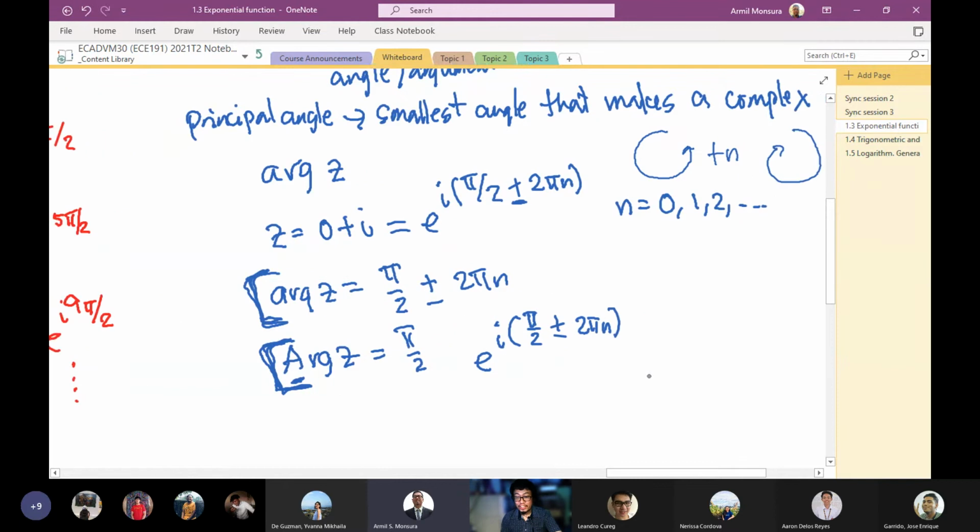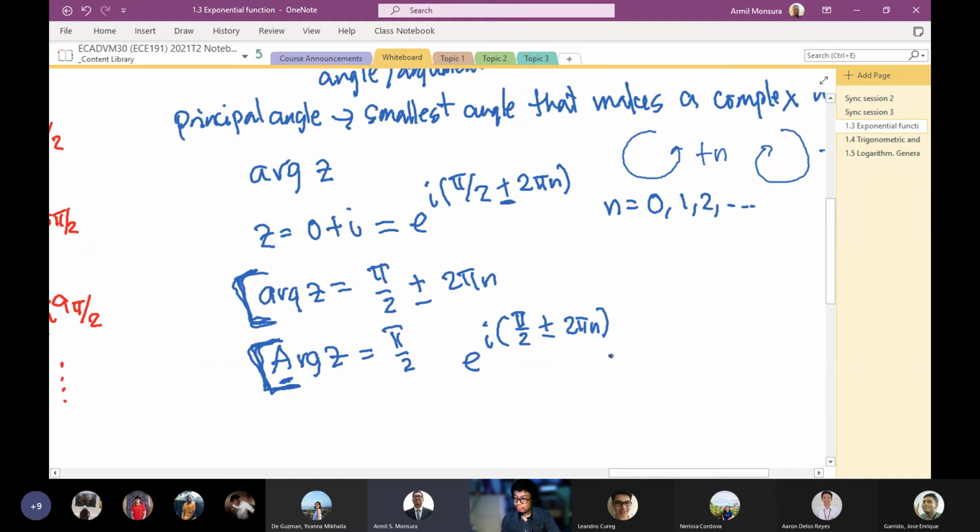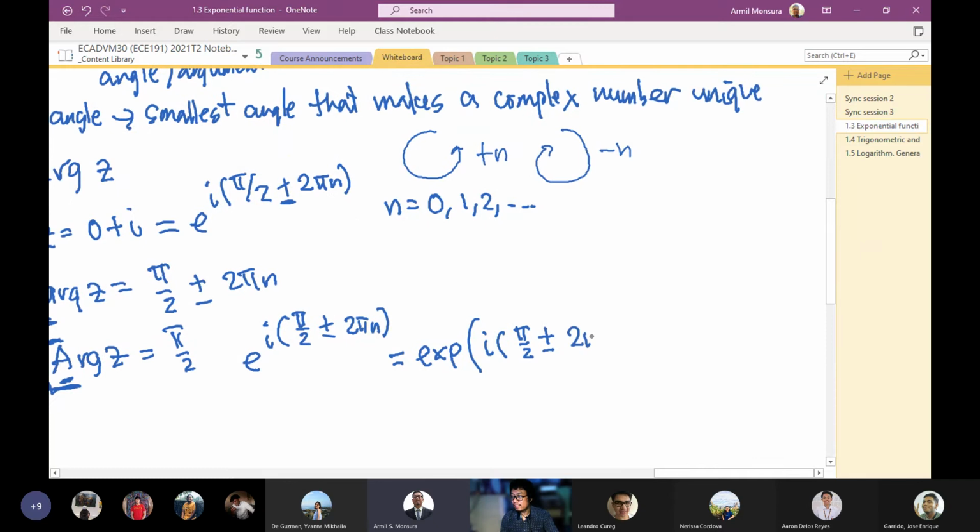Pwede nyo rin siyang isulat ng ganito. This is called the functional form of the exponential function. exp of i times pi over 2 plus or minus 2 pi n.